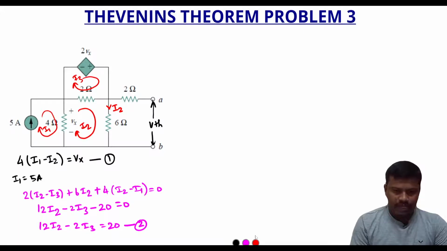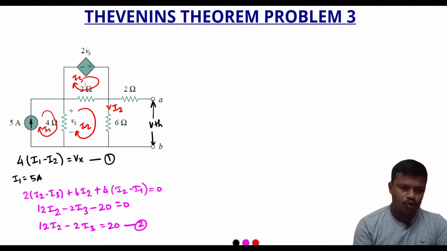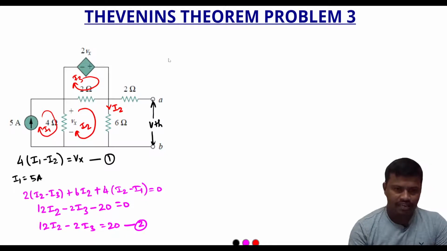Now we will apply KVL in loop 3. The current flowing through the 2 ohm resistor involves I2 and I3, but both are opposite in direction, so we can write 2 into (I3 minus I2).